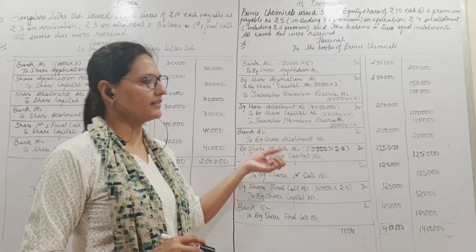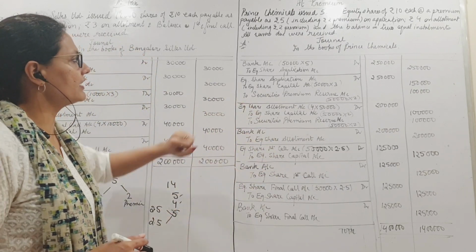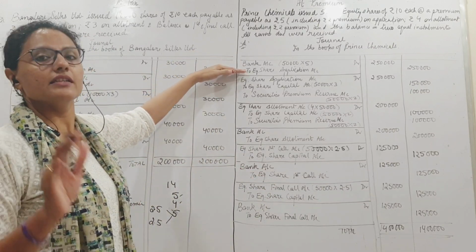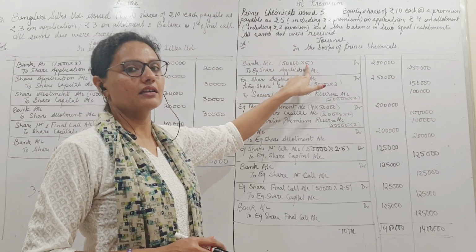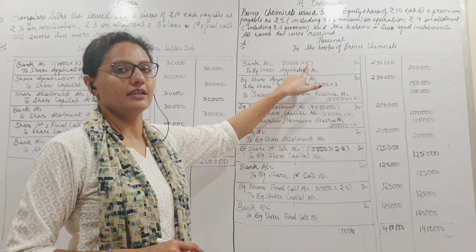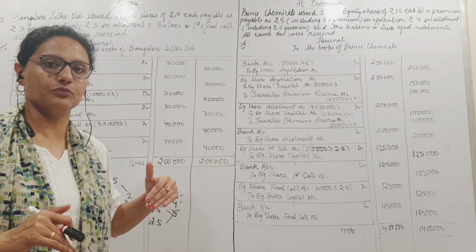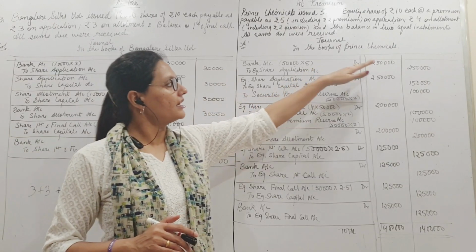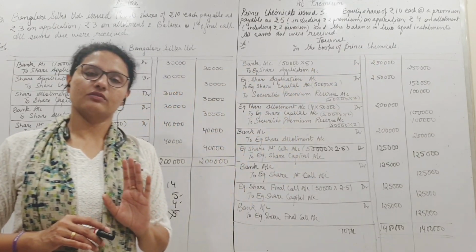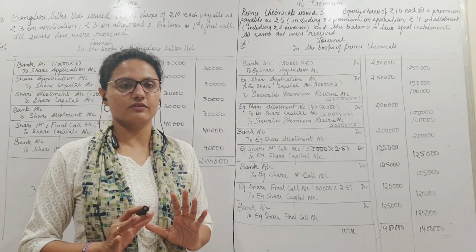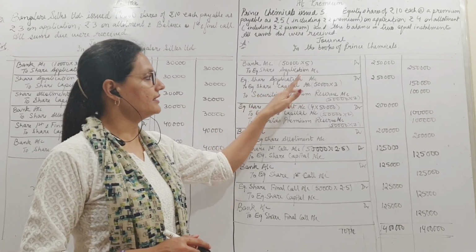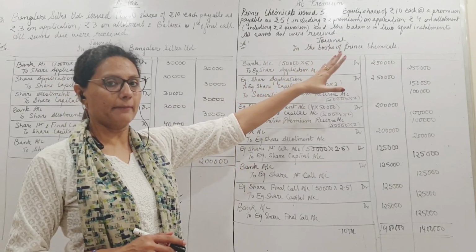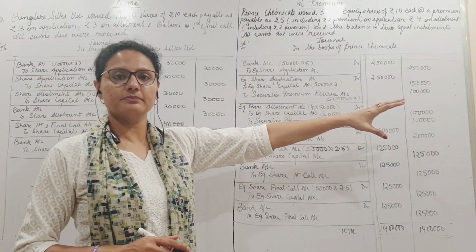Entries more or less remain the same, just that securities premium reserve आ जाएगा. पहला, we are receiving applications. We have received 50,000 applications and 5 rupees on allotment. ये सारा एक साथ पैसा इंक्लूड कर रहे हैं. फिर this entire amount comes as 2,50,000. So we have received 2,50,000. Then when we pass the transfer entry, we need to divide this 5 rupees as 3 rupees to capital and 2 rupees to premium. ठीक है?